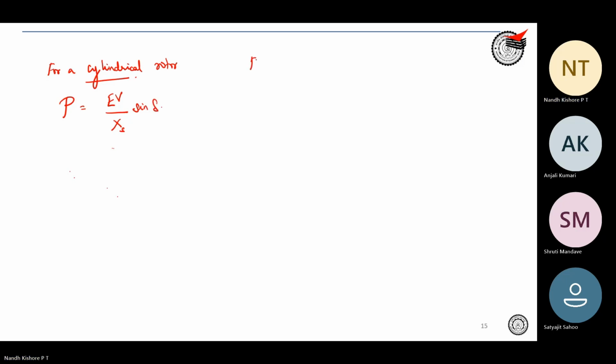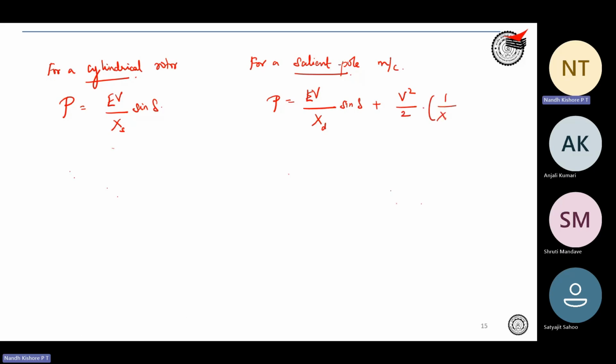However, for a salient pole machine, you have direct axis and quadrature axis as well. P is equal to EV by XD sin del plus V square by 2 into (1 by XQ minus 1 by XD) sin 2 del. Correct?